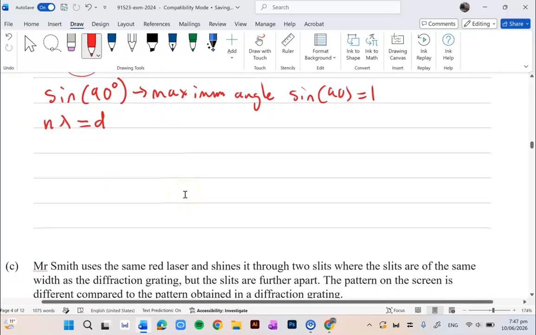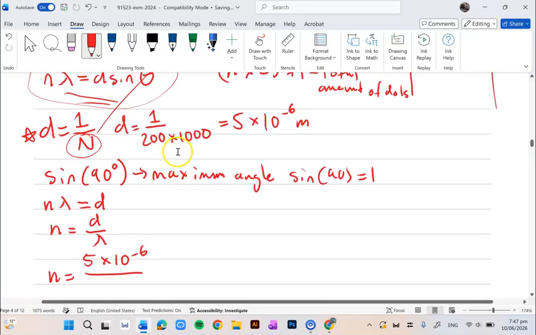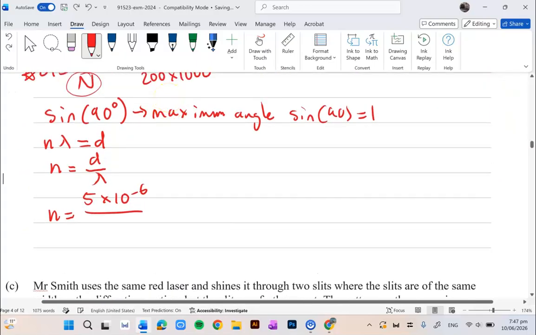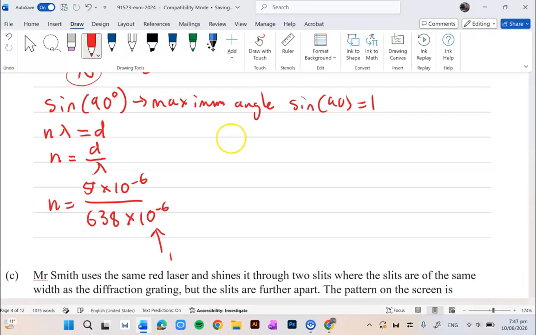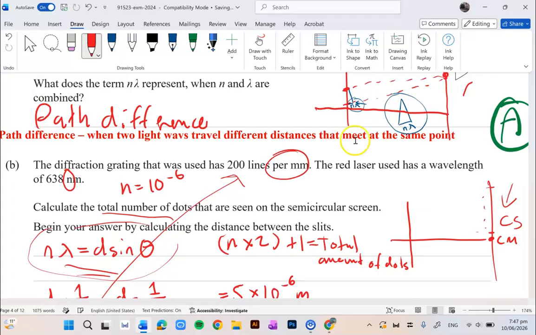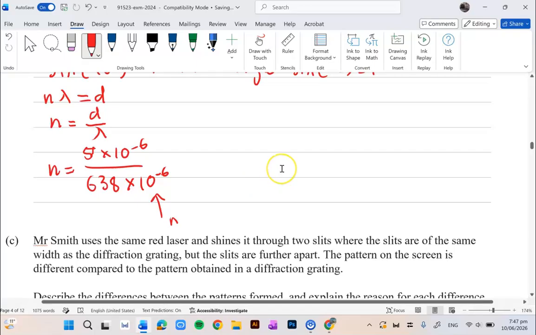So if we rearrange, n equals d divided by the wavelength, n equals 5 times 10 to the negative 6 divided by 638 times 10 to the negative 9, because nanometers is 10 to the negative 9. So to make sure it's in meters, we just have to convert it.